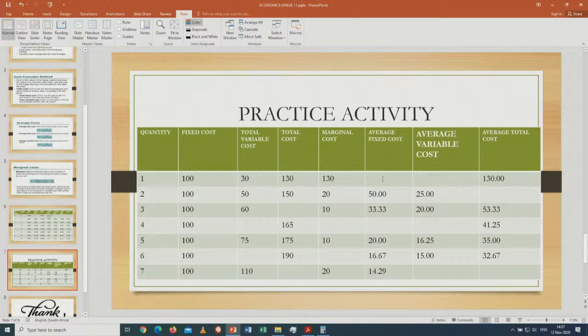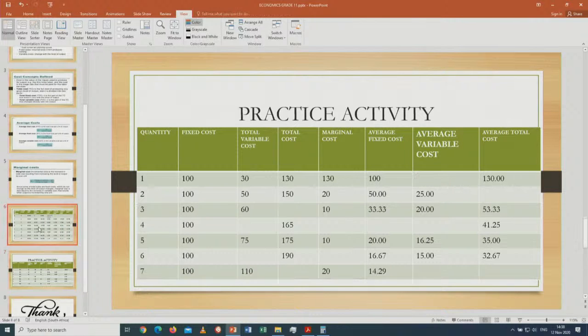Therefore our marginal cost must be the average fixed cost. We said the average fixed cost will be our total fixed cost divided by the number of units. We must have 100, and then the average variable cost, we take the total variable cost, and then we divide by the quantity.